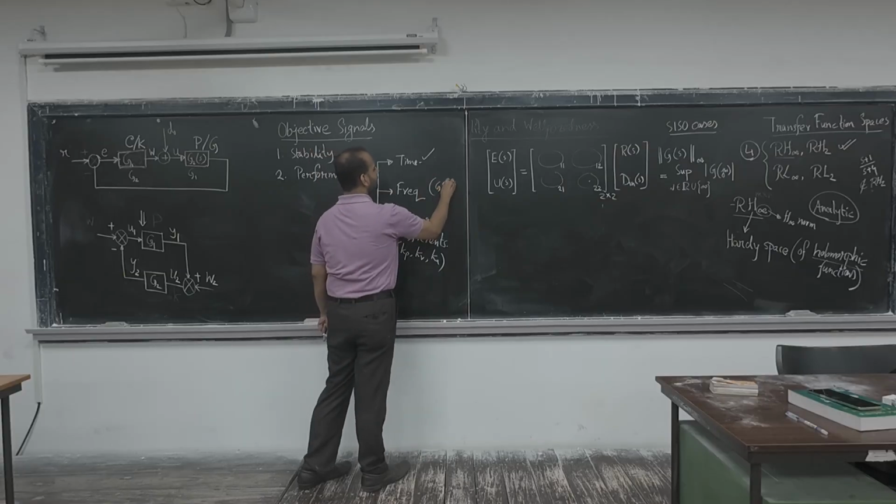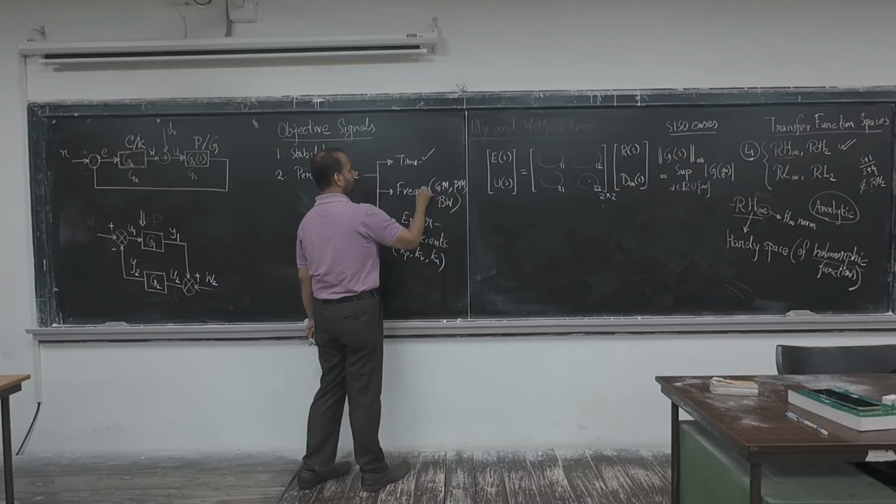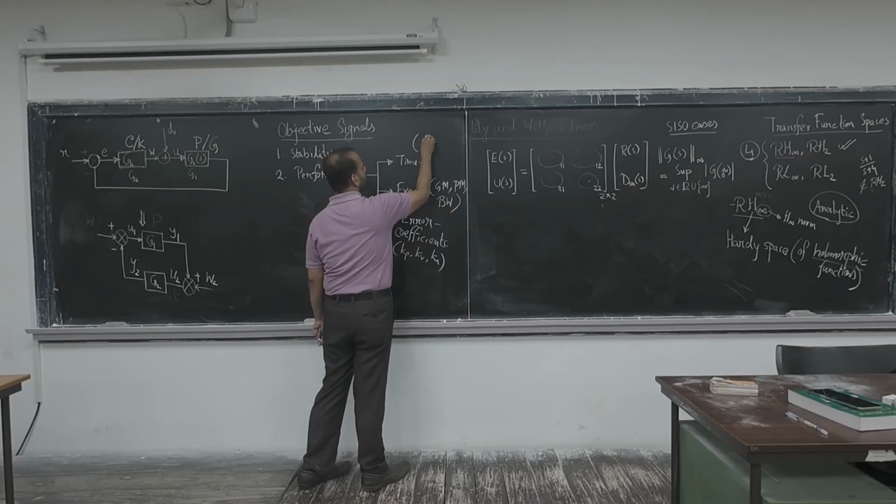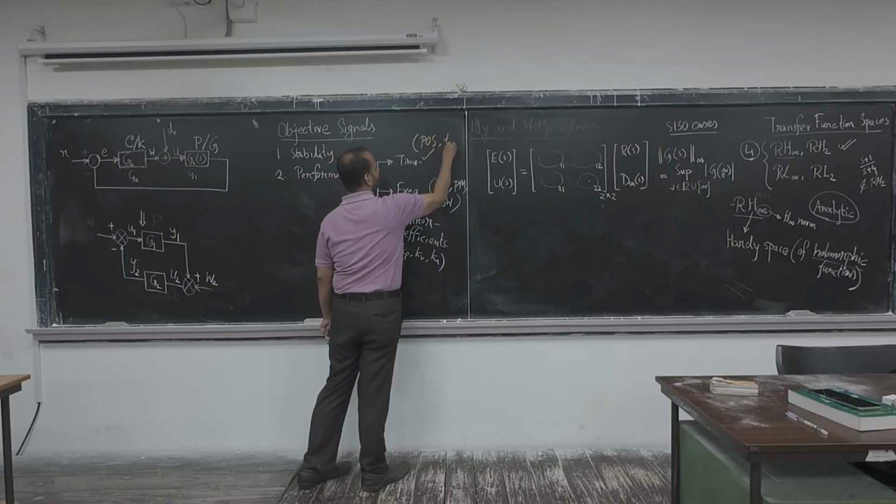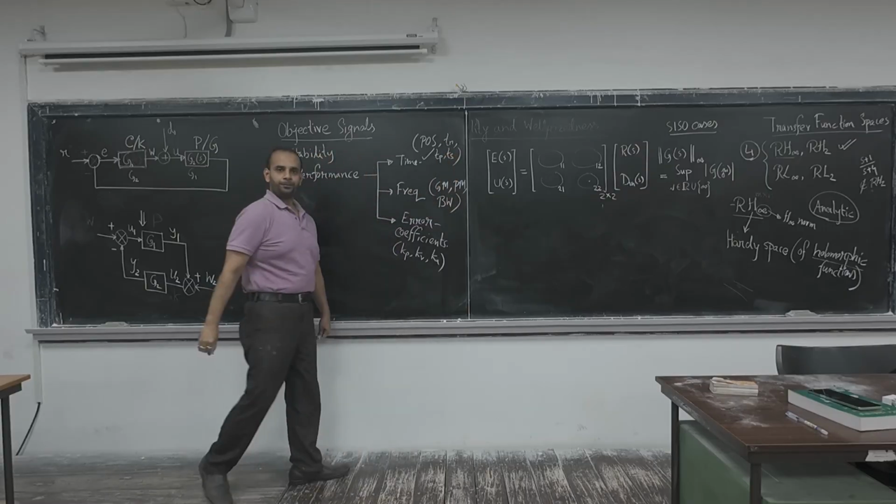Frequency domain means GM, PM, bandwidth, and resonant frequency as well. Time domain means percentage overshoot POS, then TR, TP, TS, etc.